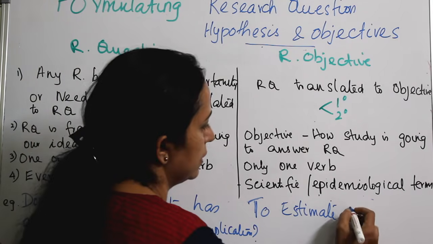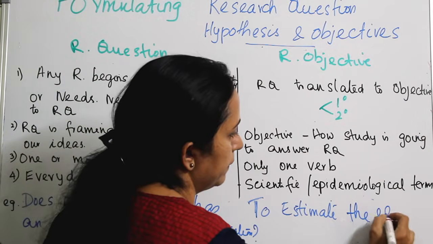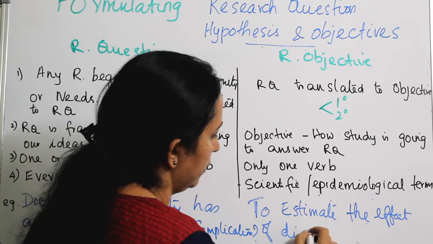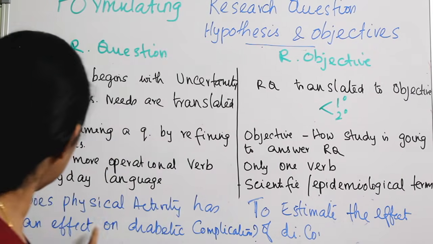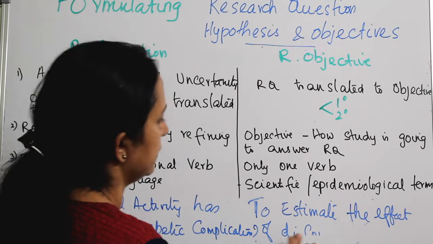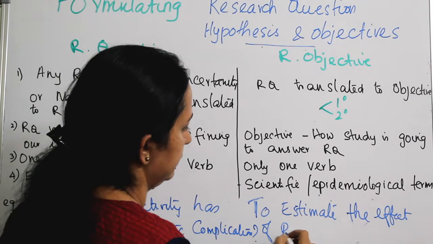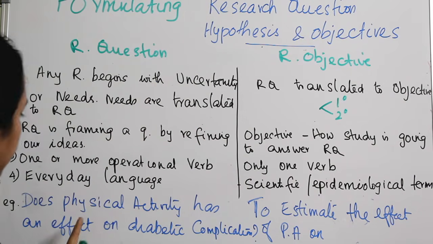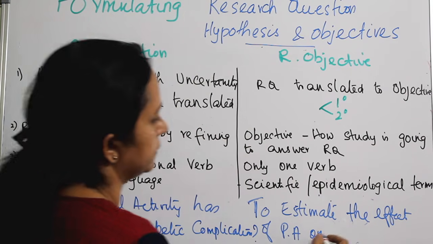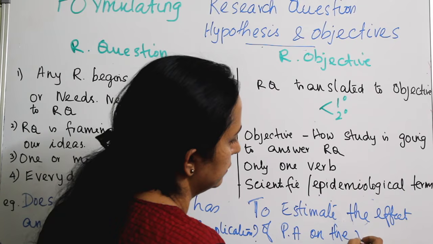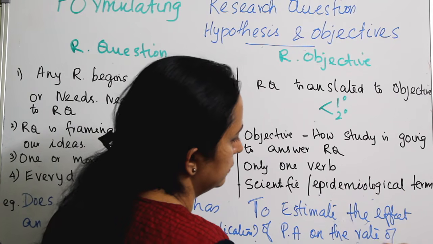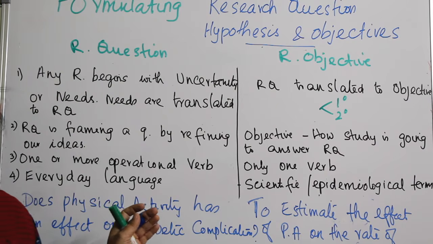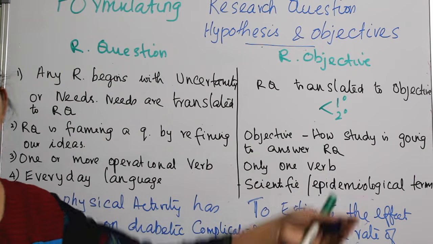To estimate the effect of physical activity on the rate of diabetic complication. Right. So this is how we have to convert the research question into a research objective.